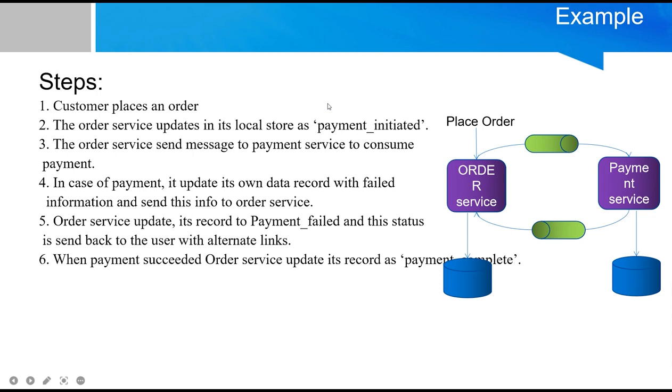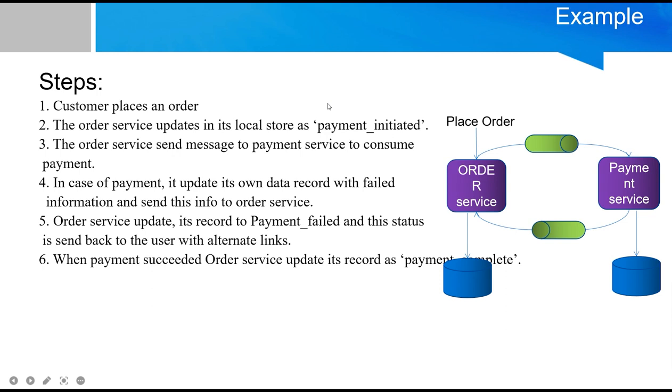So the scenario here is when the payment is made successfully while previously it had failed. At that moment the order service will have the status payment failed, while the payment service module, having succeeded, will have the payment complete status. So at that moment we have two pieces of information: one with the failed status, and one with the complete status.